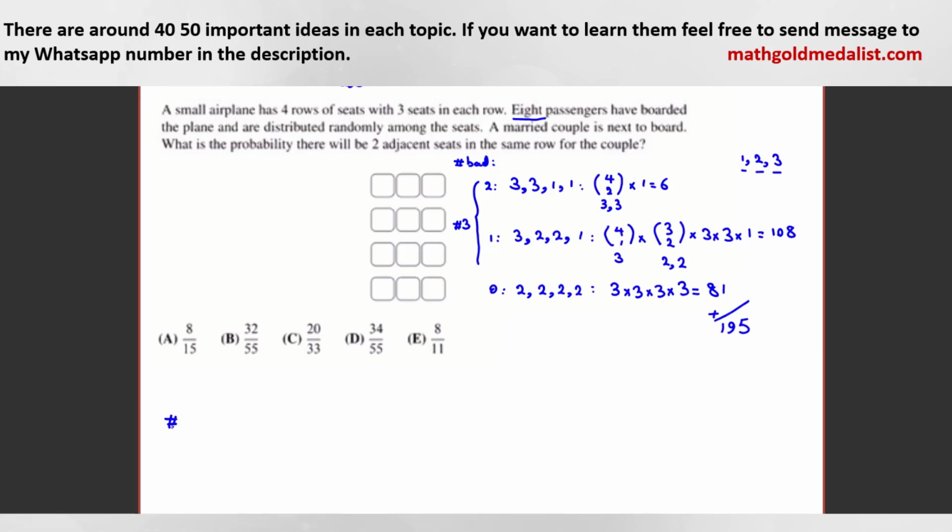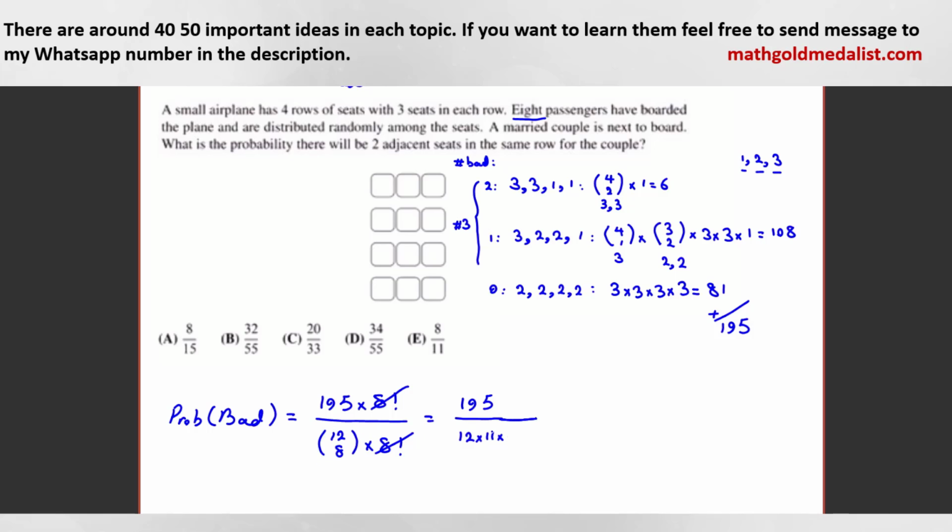If we want to calculate the probability of bad cases, it will be what? You can say 195. Then in this 195, we can place the passengers in 8 factorial ways. Now, what's the total number of cases? You can say 12 choose 8 times 8 factorial. So we can cancel 8 factorial from both sides. 195, and here it is also equal to 12 choose 4.